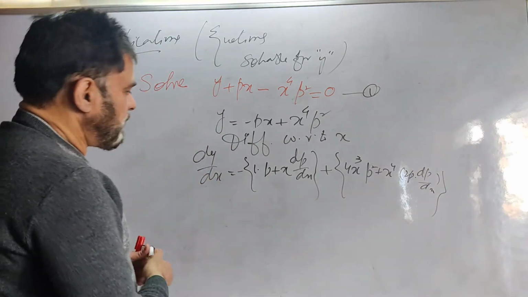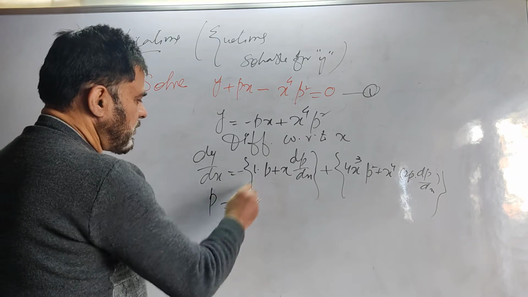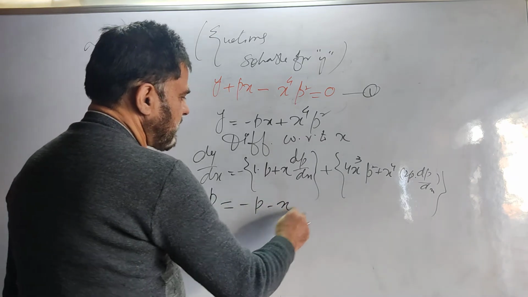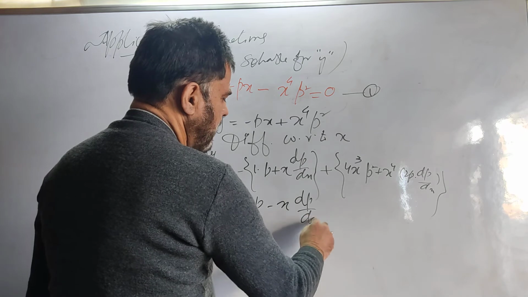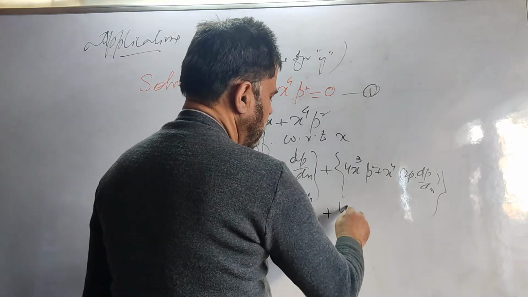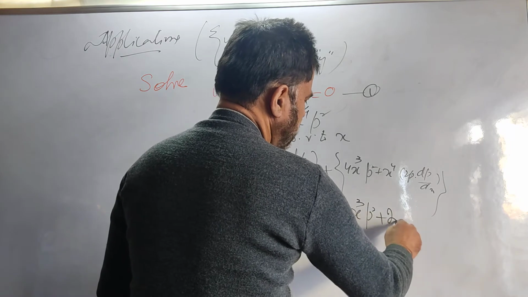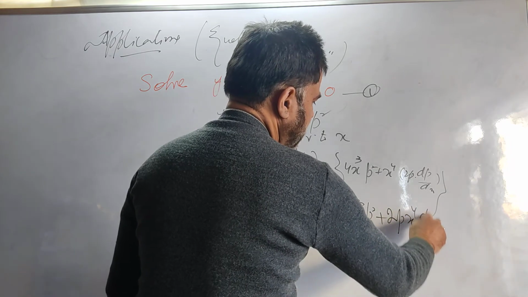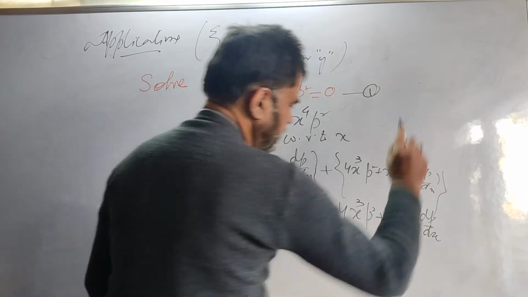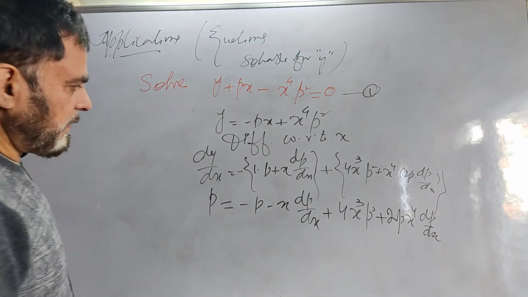This dy by dx is p. This is your p. It is your minus p, minus x dp by dx, and this will be plus 4x^3 p^2 plus 2p x^4 dp by dx. Let us see what happens.